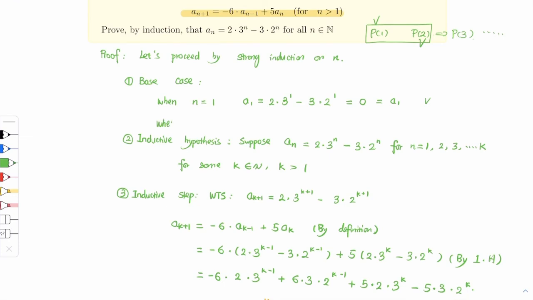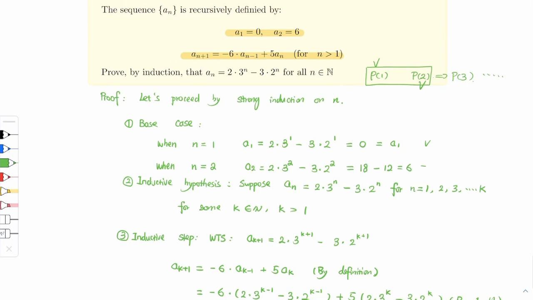When n equals 2, A2 equals 2 times 3 to the 2 minus 3 times 2 to the 2, which is 3 times 9 is 18, minus 3 times 4 is 12, which equals 6.